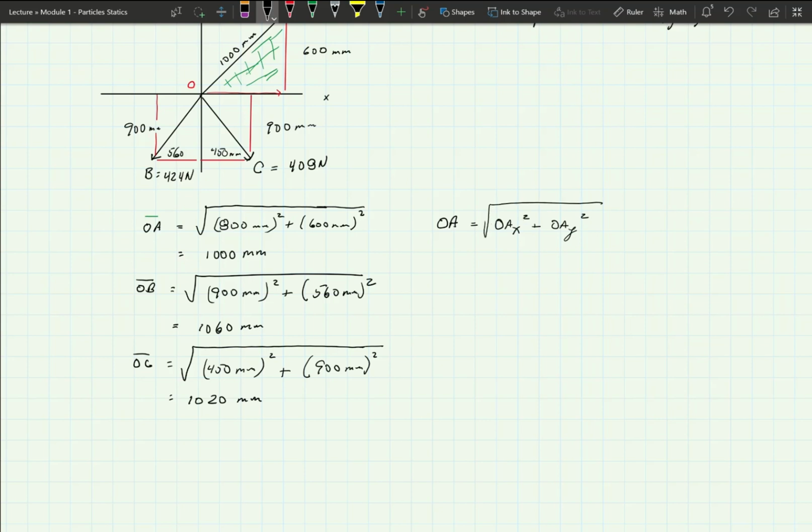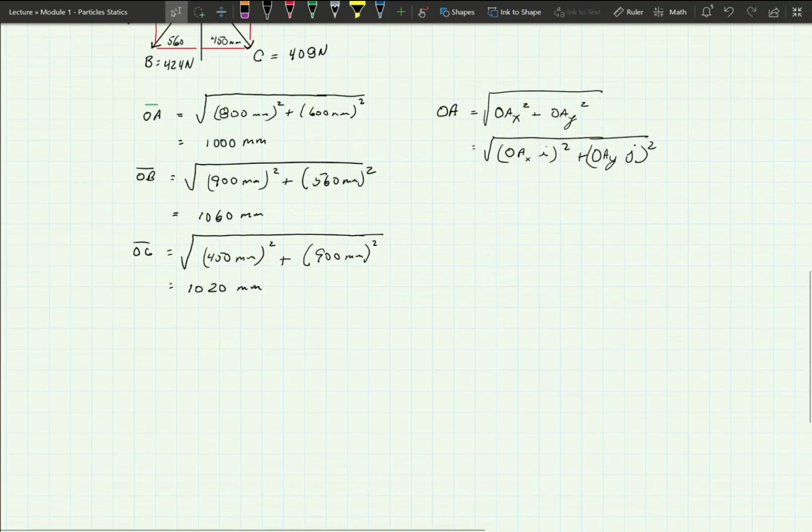Or if you're really going to have some fun, it is OA X i squared plus OA Y j squared. Okay, however you want to play with the notation. All right, and when you get done, there's our distances that we need.